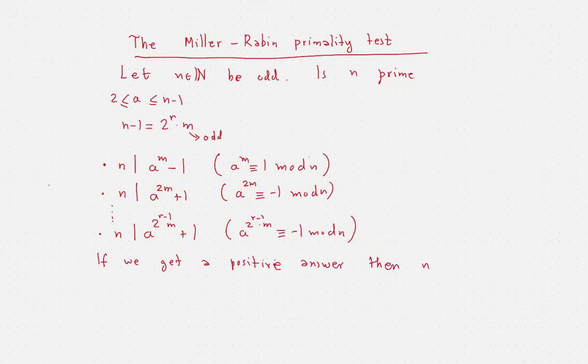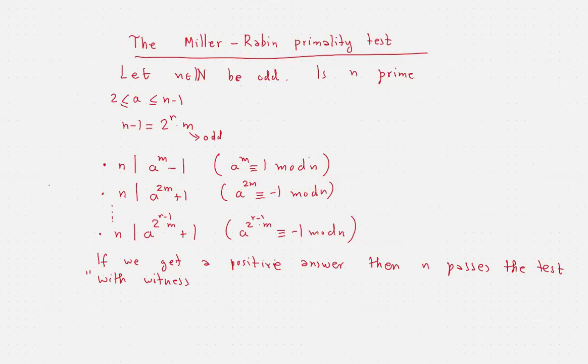And here we can find different pieces of terminology. Sometimes we will say with witness a. So this does not mean that it is a prime number, but it simply means that it may be a prime number.